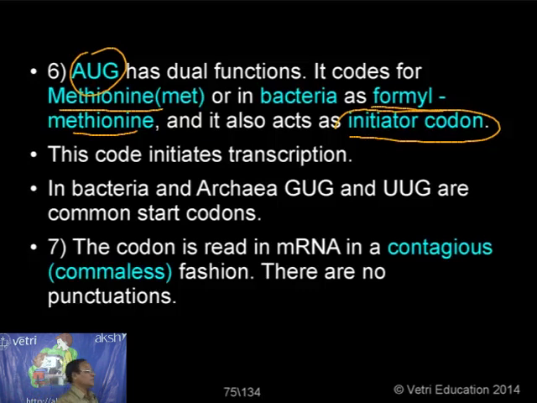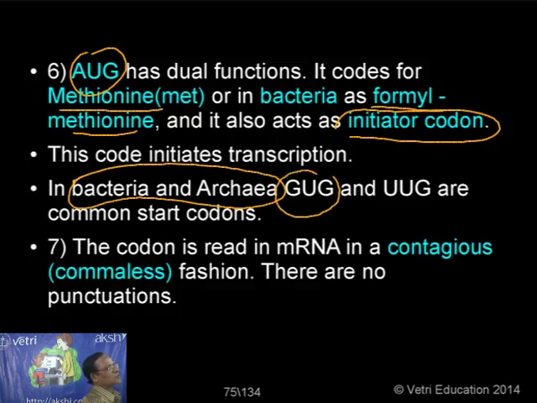But in the case of bacteria and archaea, the initiator codon is different. For example, the codons are GUG or UUG. So the last 2 letters are the same, and the first letter has been changed. In eukaryotic cells, AUG is the initiator codon, but in bacteria it is GUG, and in archaea it is UUG.